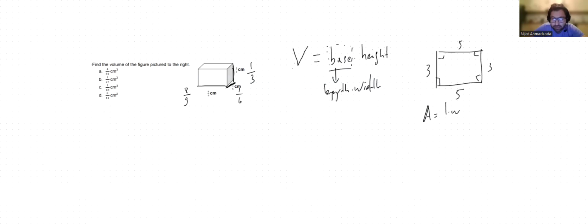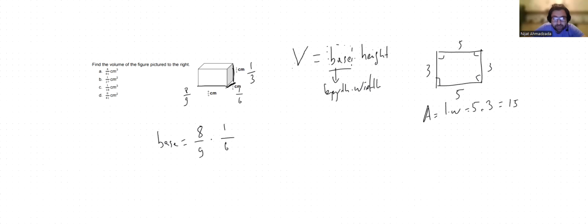Length is the bigger one, 5, width is the smaller one, 3, and we get 15. So now, looking at our question, the length is 8 over 9, so we are finding the base first, and then width is 1 over 6, right?